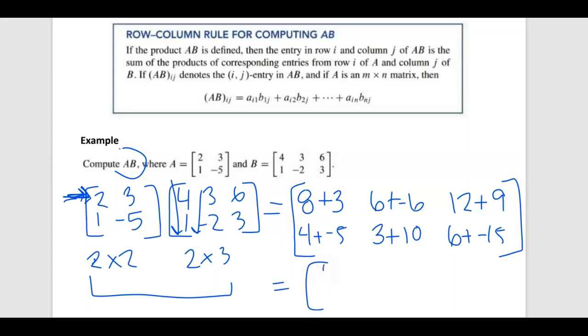And so my result is going to be 11, 0, 21, negative 1, 13, and negative 9. And that's how we are going to find our matrix term by term when we do matrix multiplication. And again, that's a more concrete example as to how this computing formula works.